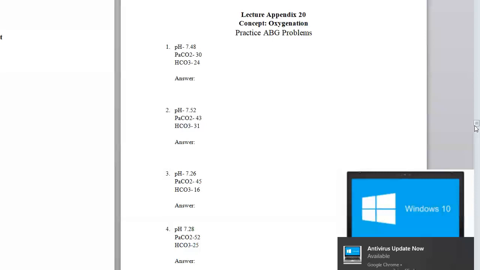Because all we want you to understand within blood gases is knowing the normal ranges for each of the components of arterial blood gases, and then knowing whether or not it's acidic or alkalotic, and that's determined by the pH, and whether or not it's a respiratory problem or a metabolic problem.